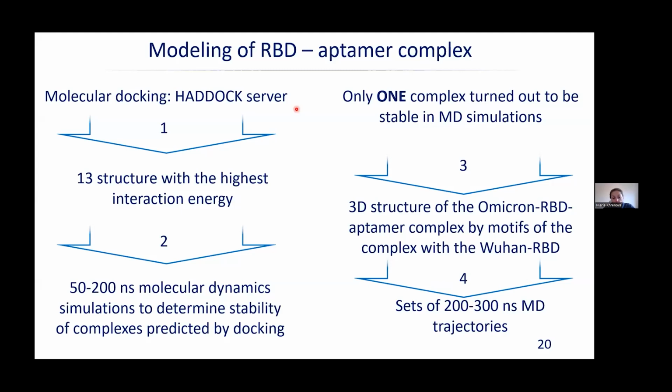And actually, we got, of course, a set of possible complexes, and all of them were utilized for determination of stability of the complex by molecular dynamics simulation. So what I mean is that, of course, this HDOCK server is really rapid, but we are not quite confident about the reliability of these results.